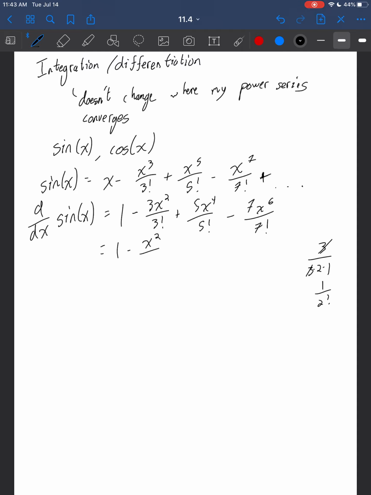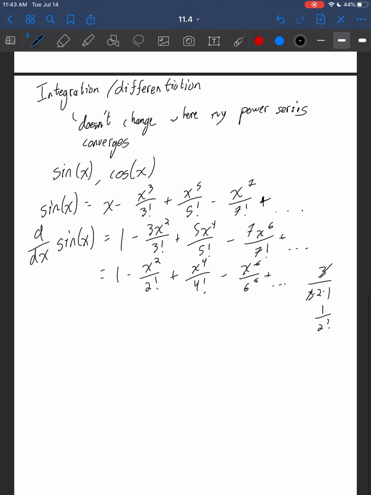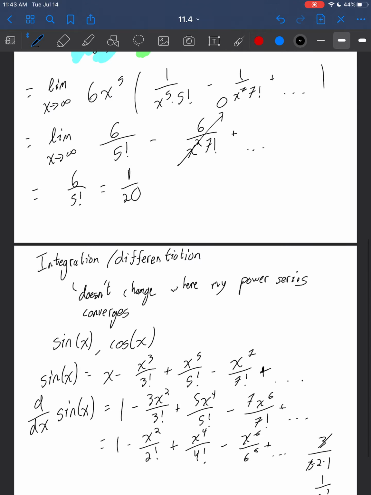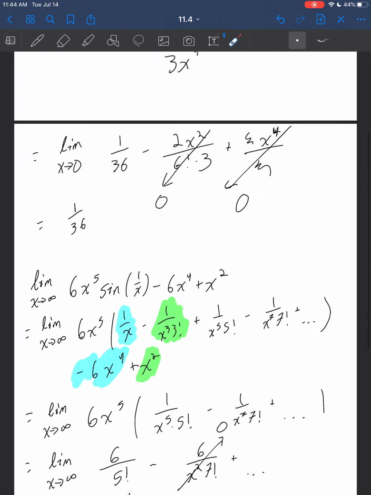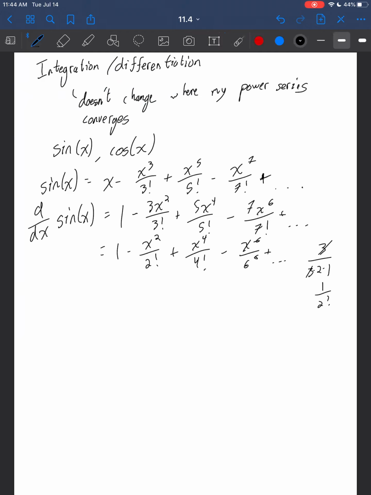So this is minus x squared over 2 factorial plus x to the 4th over 4 factorial minus x to the 6th over 6 factorial all the way off to infinity. But if we look at the Taylor series for cosine of x, we have 1 minus x squared over 2 factorial plus x to the 4th over 4 factorial, and so on and so forth.